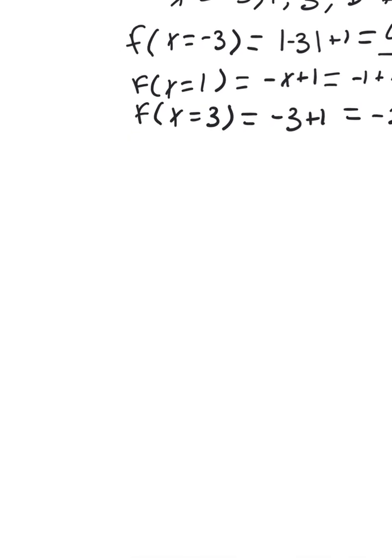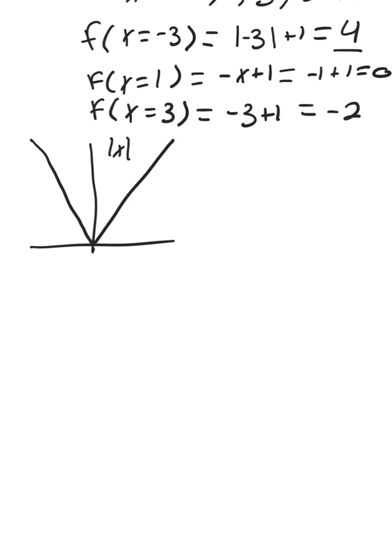In order to solve this, first we must understand that the absolute value of x is going to be the same as the absolute value of x plus 1, except it's going to be 1 point higher on the y.